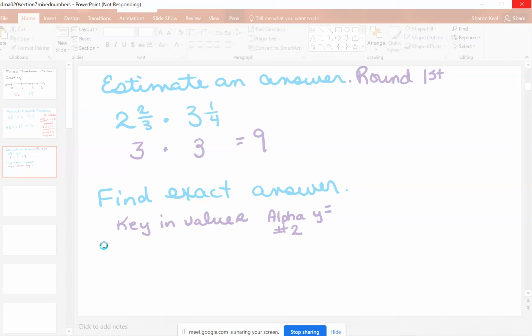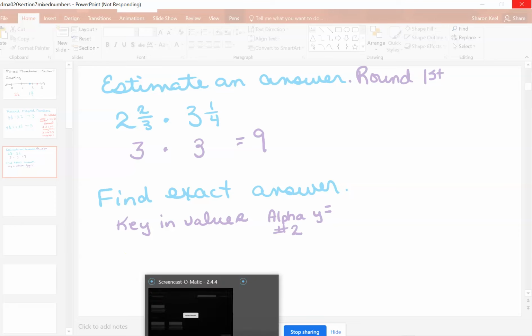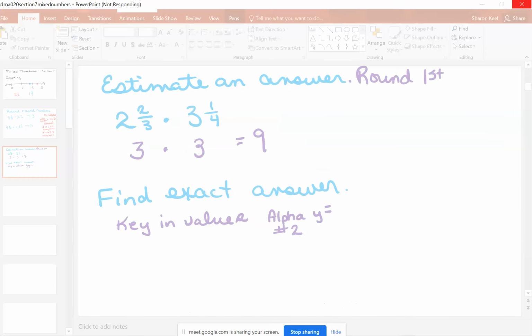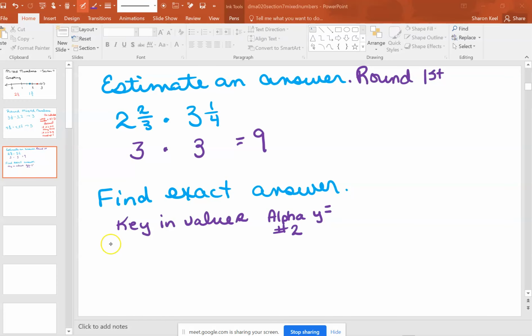Bear with me just a moment, the screen is frozen. Okay, so thirds is what we get as our answer. We want to change that. The way to change that to a mixed number is we're going to do alpha, y equals, and we're going to choose number 3.